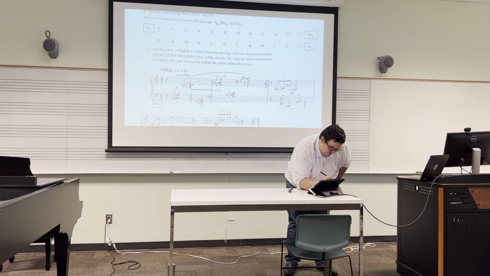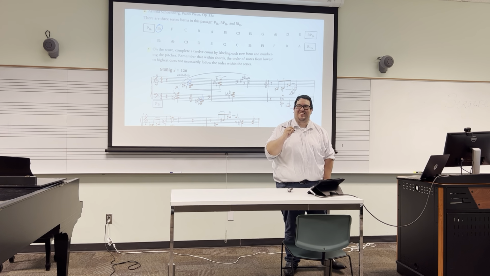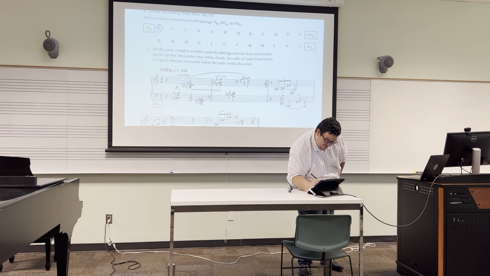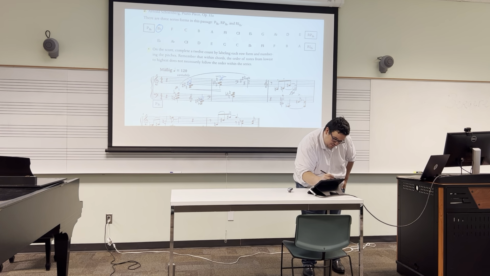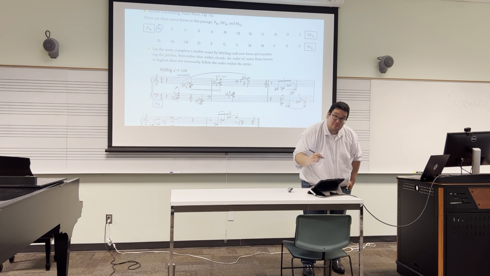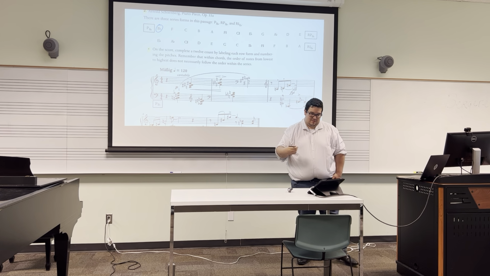I'll also give you the hint that B flat is indeed here, but you won't find F either here or here or here or there. And it's not this F. Start there. Take a moment to work on this, and then we'll talk about it halfway through.